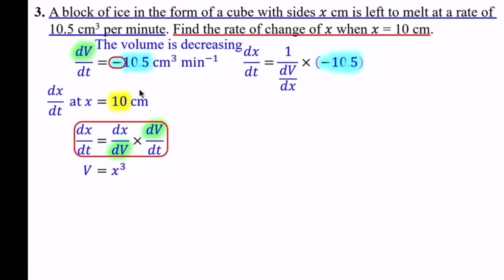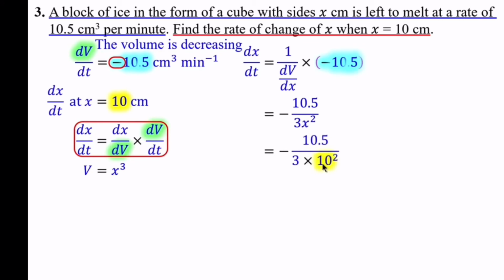So dx/dt is equal to 1 over 3x squared times negative 10.5, which means negative 10.5 divided by 3x squared. We substitute the value of x, which is 10.